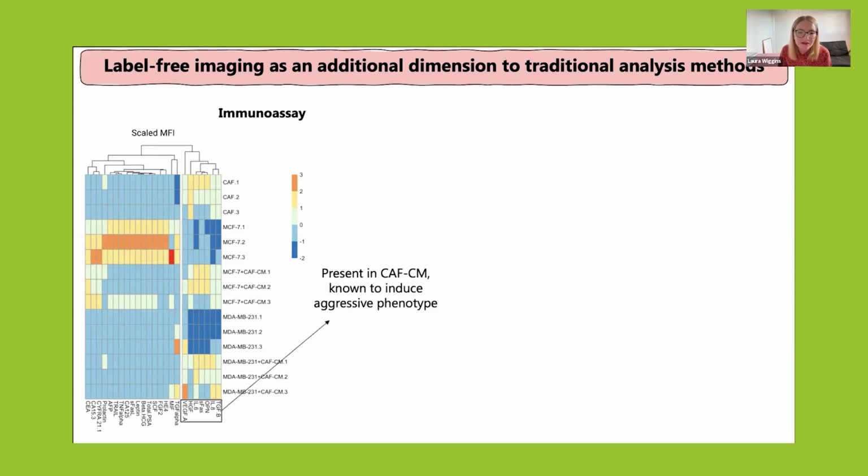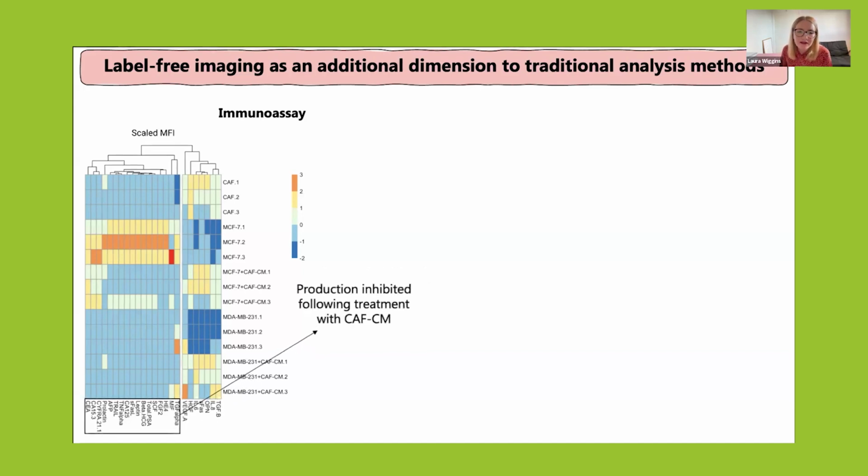And we did find a cluster of analytes within the media that are actually described in the literature to induce an aggressive phenotype. So that sheds light on what could actually be happening, or the environment that the cells are in that could be inducing these phenotypic changes.